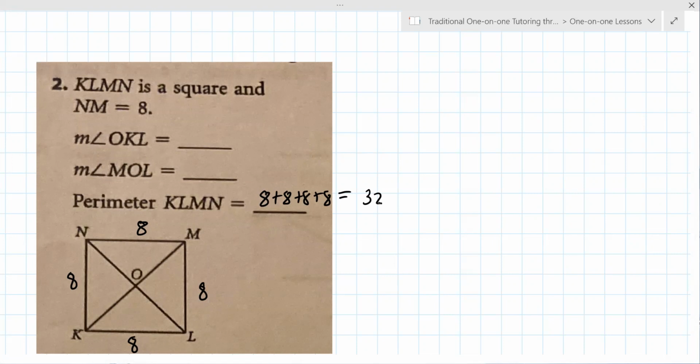Now the measure of angle OKL, well, that's kind of hard. Oh, I see, they also want you to do this. In a square, the diagonals meet at 90-degree angles.